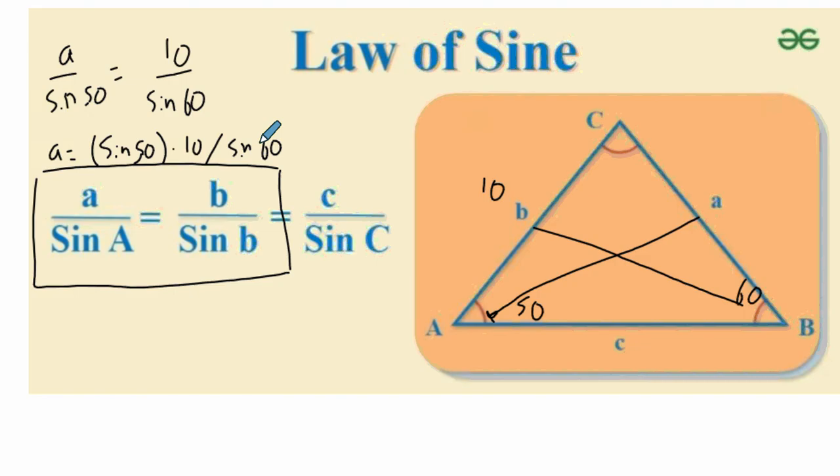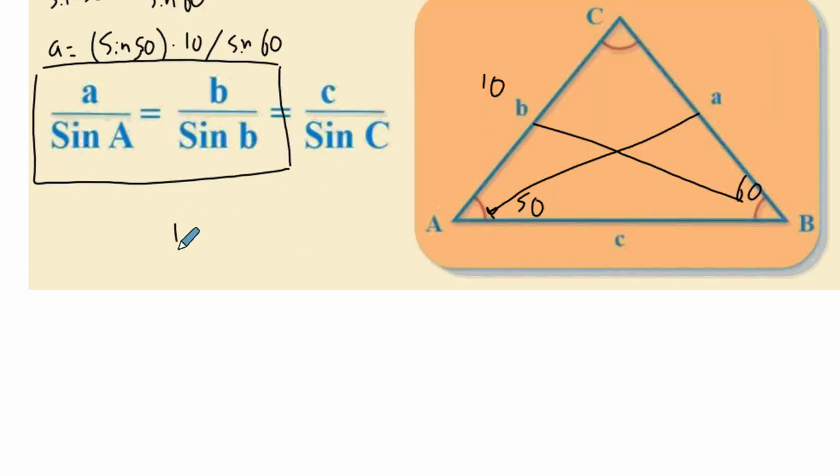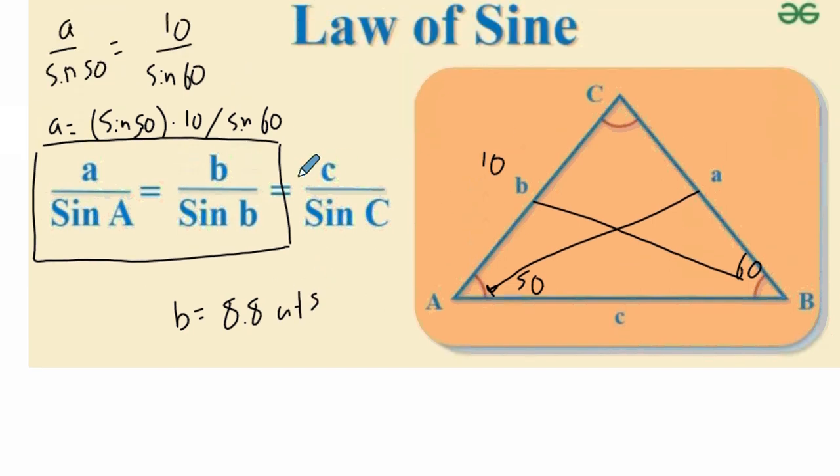That's going to give me the side length a equals 8.8 units. It doesn't matter if I used b and c, or whichever side is across from the angle, it is proportional. It doesn't matter if it's a, b, or c.